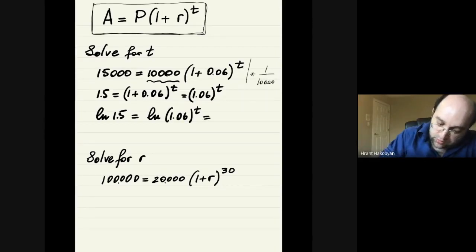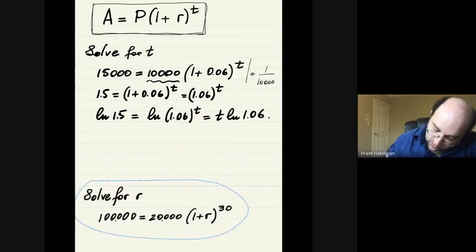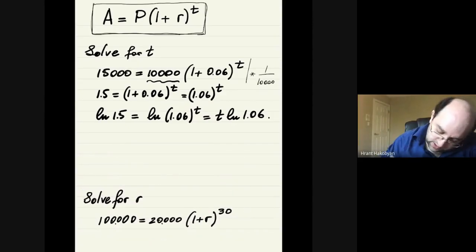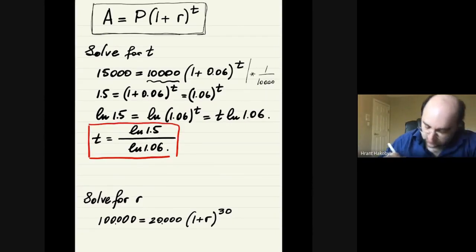But that's equal to, this power can come to the front, so that can be written as t times the natural logarithm of 1.06. So t is equal to the logarithm of 1.5 divided by the logarithm of 1.06. So that's a simple equation that you can solve like that.